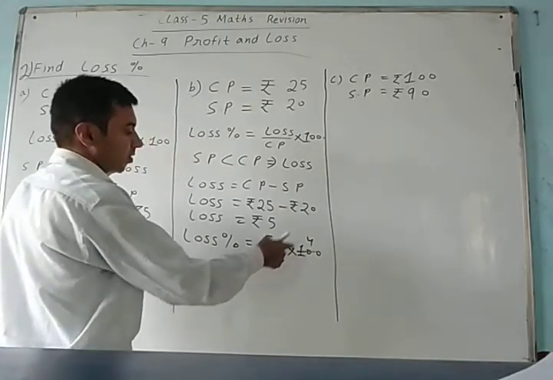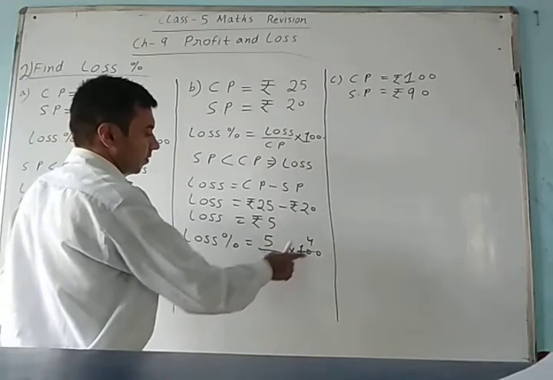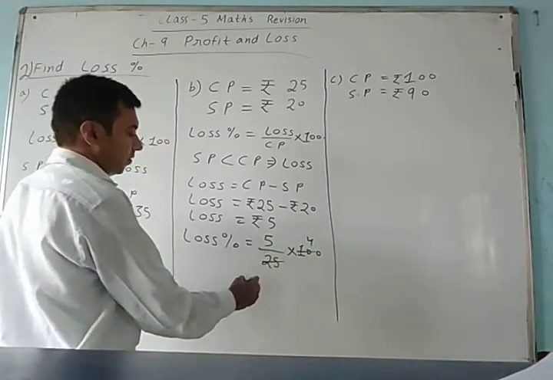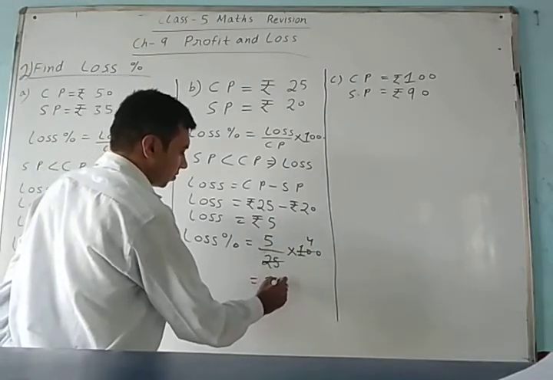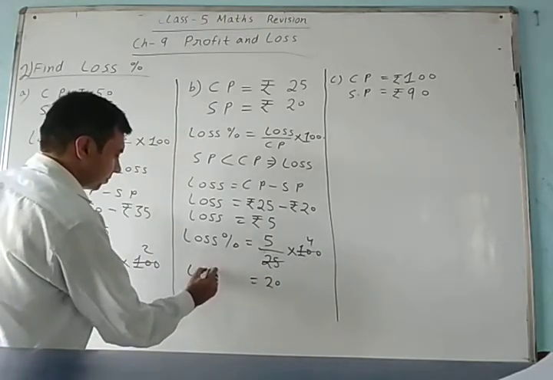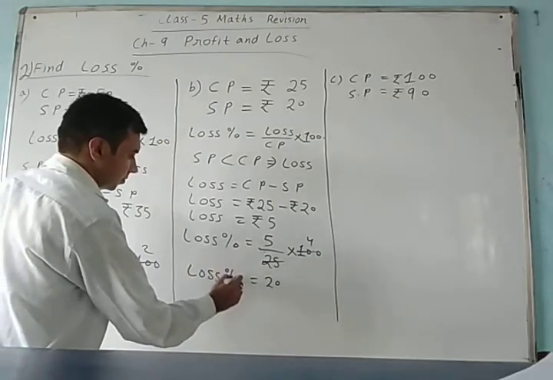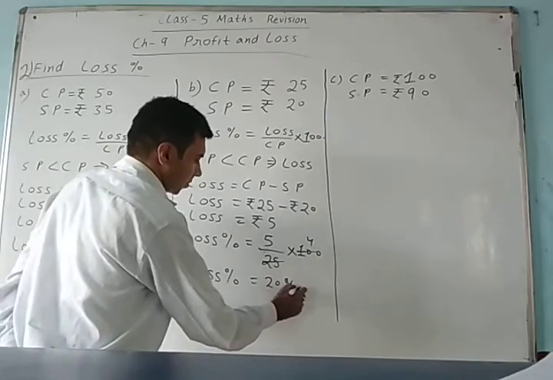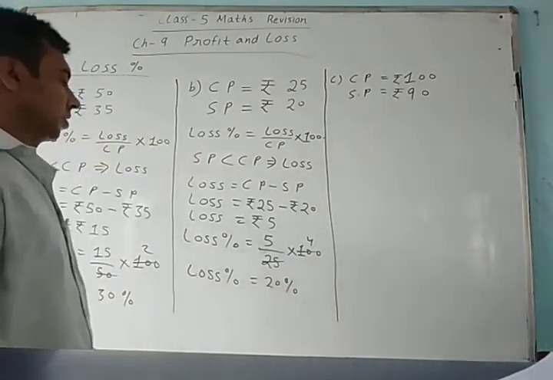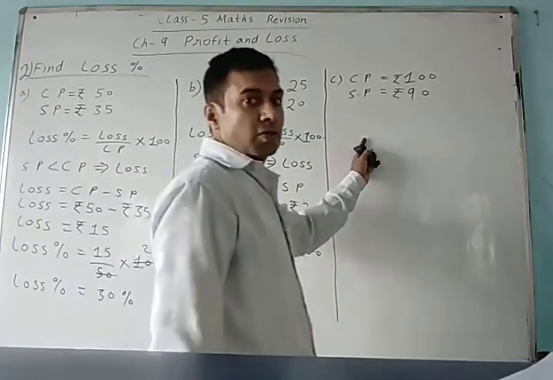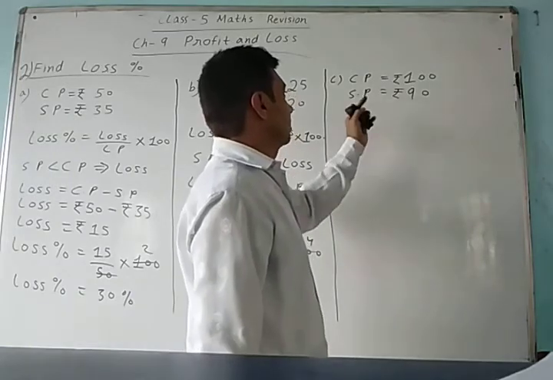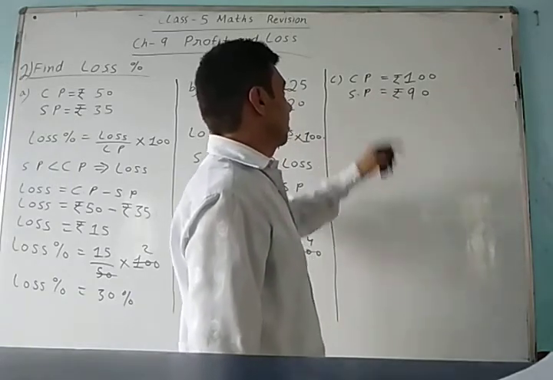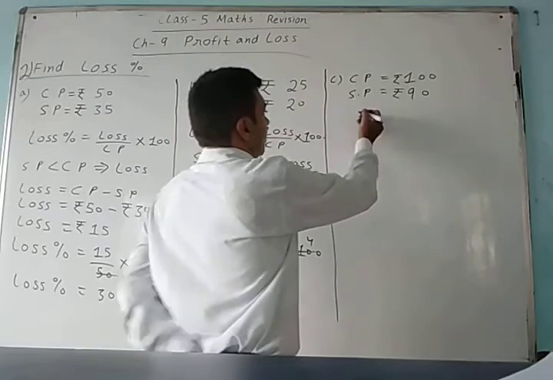If you multiply 25 into 4, we get 100, so I divided this 100 by 25. Now 5 into 4, 20. So the loss percent is 20%.